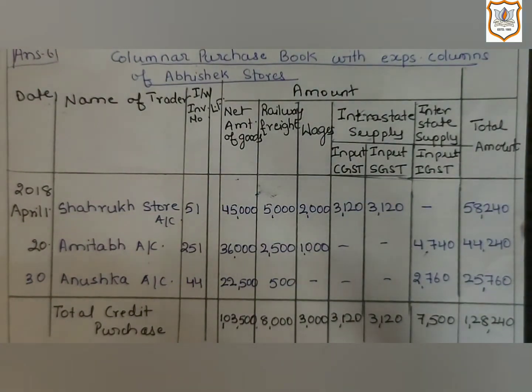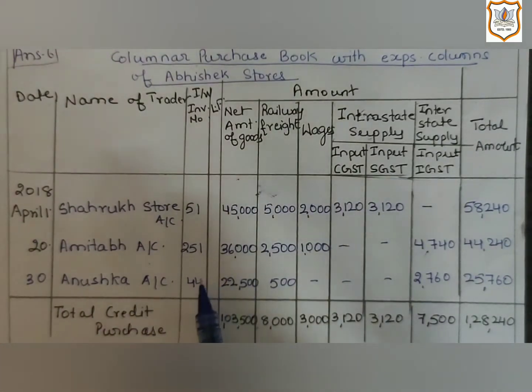Now let us move to the last transaction, date 30. Goods purchased of rupees 25,000 at 10% trade discount and 5% cash discount from Anushka of Chennai. Invoice number 44 is received, inclusive of railway freight of rupees 500. So we have to write date here, date 30, name of supplier Anushka, inward invoice number is given 44.